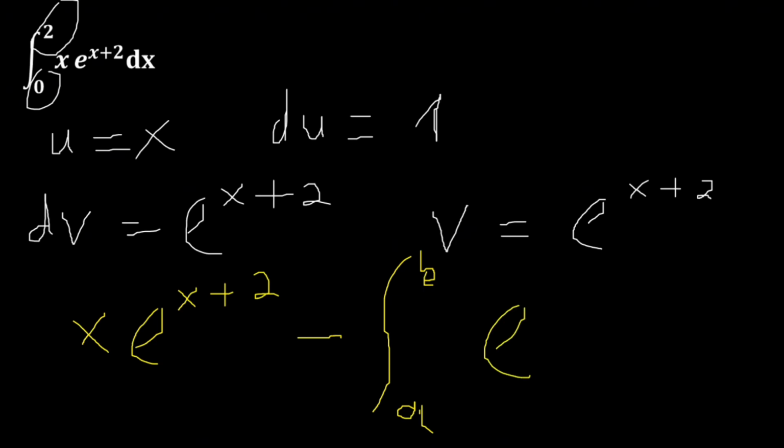That is e to the x plus 2. That's what you are going to have. We are still going to have the range with a and b here. Let's just put it aside. At the end we are going to have x e to the x plus 2.